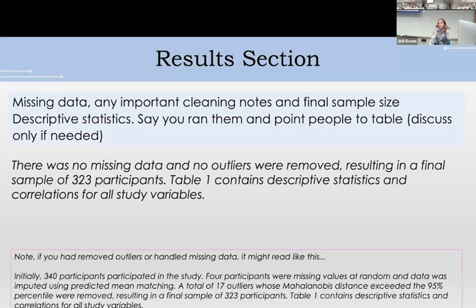Then all your cleaning stuff. There was no missing data and no outliers were removed, resulting in a final sample of 323 participants. Table 1 contains descriptive statistics and correlations for all study variables. I gave you an example of what it might look like if you did take out people down there, but that's probably not going to be an issue in your DAs.